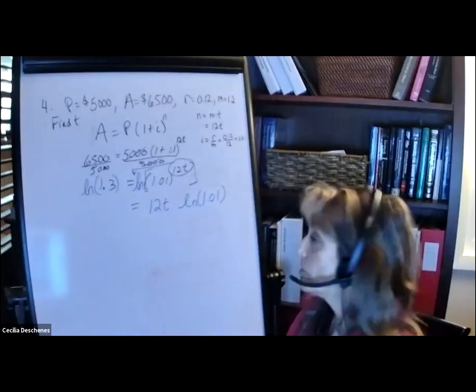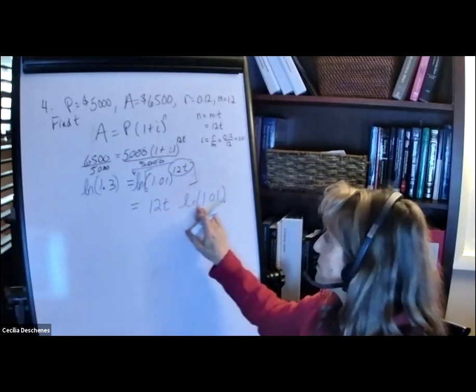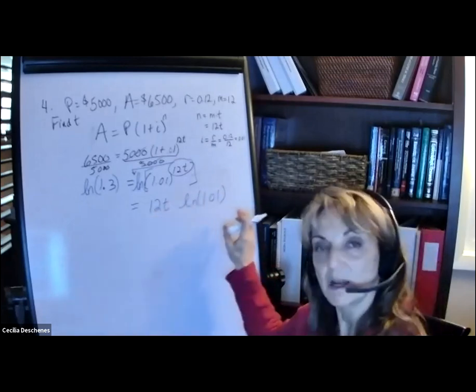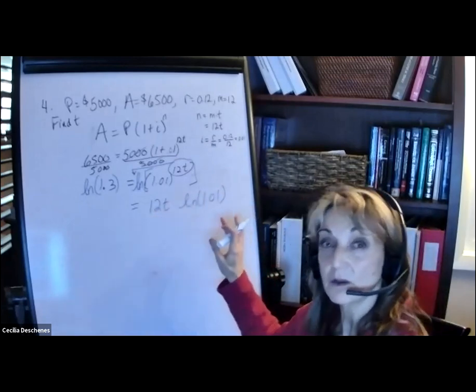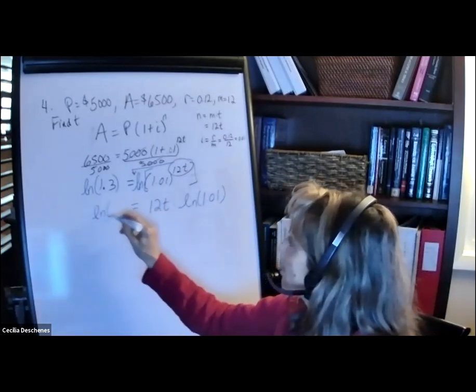Okay, so natural log of 1.01 is just a number. So we have 12 times ln of 1.01 times t. So you can just divide out everything that we don't want here and keep just the t. So let's write this over here as ln of 1.3.